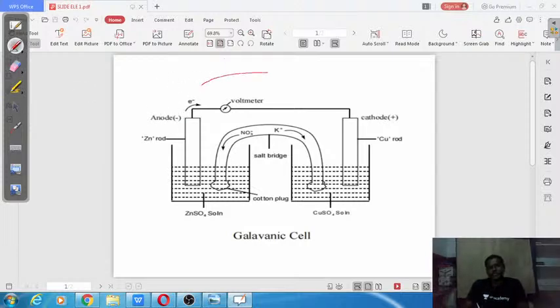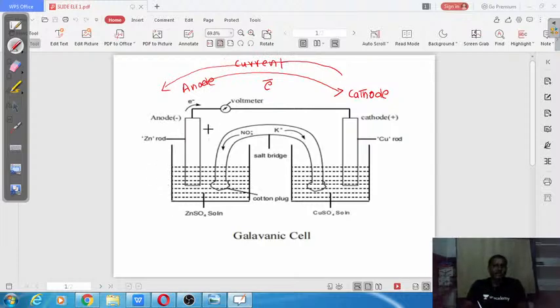So what is the direction of electrons in an electrochemical cell? Anode to cathode. And the direction of conventional current is exactly opposite to the direction of electrons, so cathode to anode.